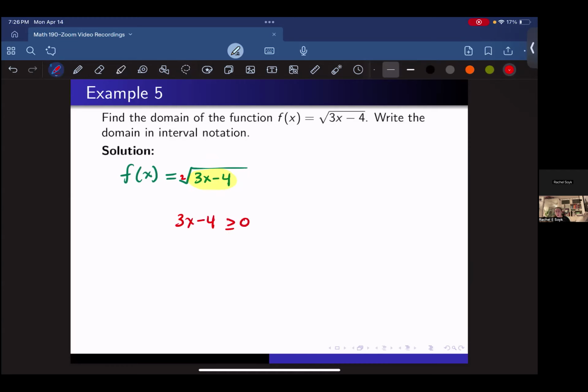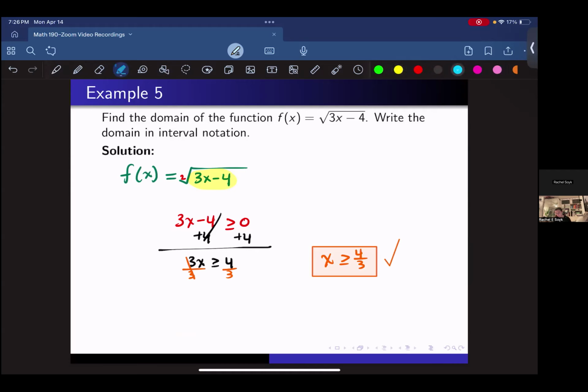Okay. Well, what values make that possible? Let's solve this inequality. Go ahead and add 4 to both sides. And then last but not least, we'll go ahead and divide both sides by 3. So our domain is simply all values that are greater than or equal to 4/3. This is in inequality form. They ask us to put it into interval notation.